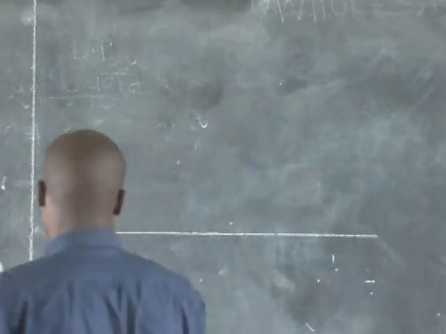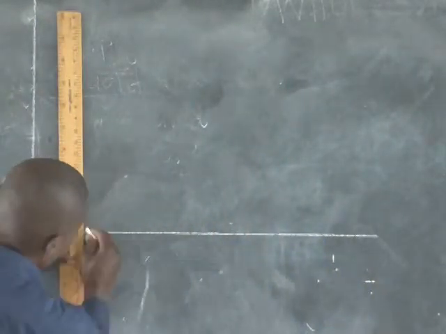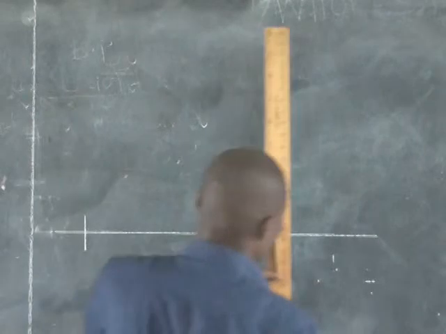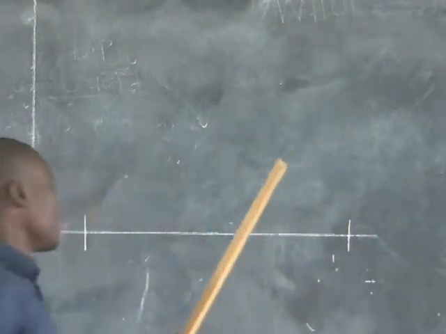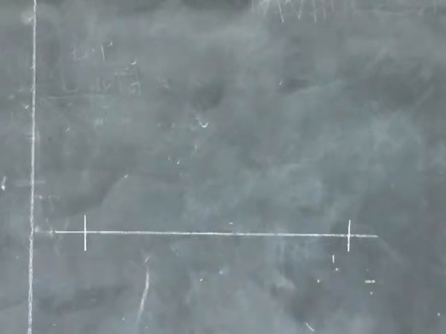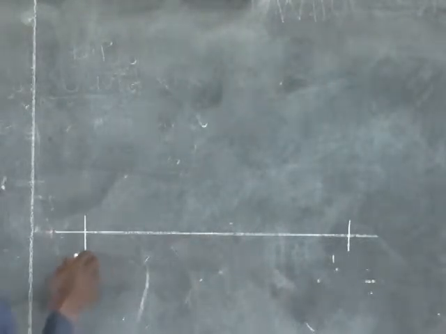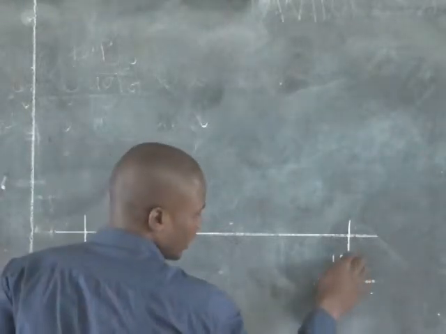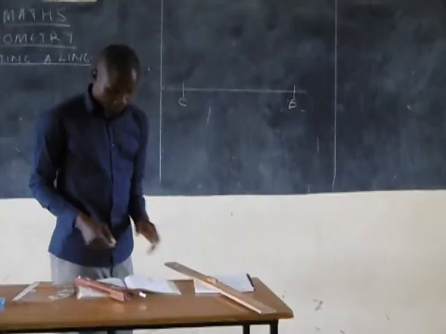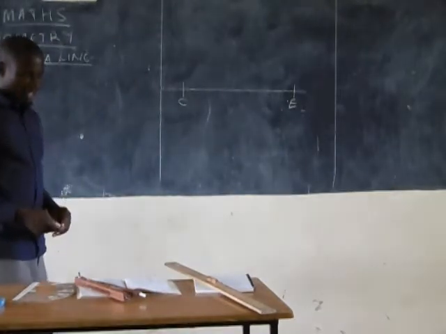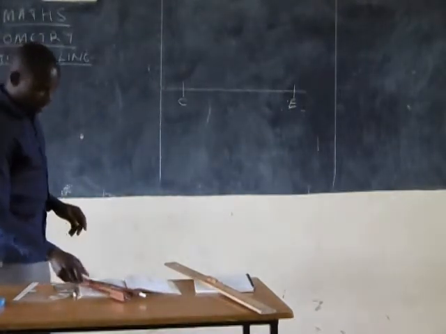You mark the points. The points that we have marked, we can name them C and E. Therefore, we have line CE. We want to bisect line CE.